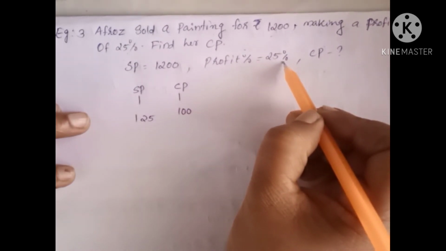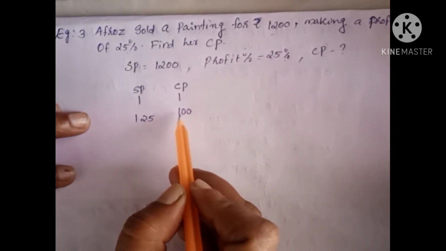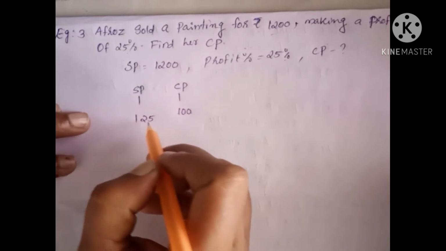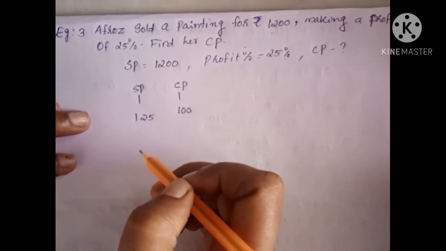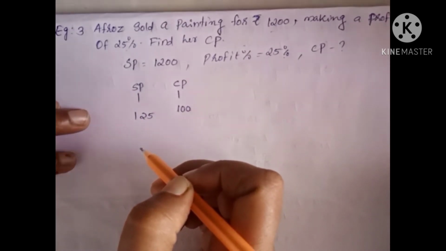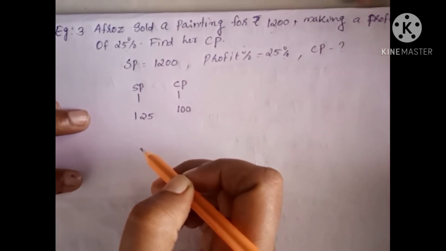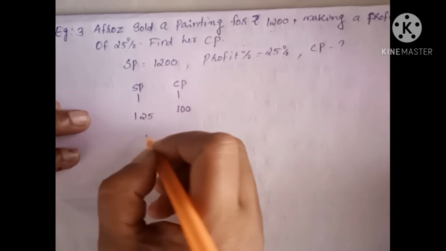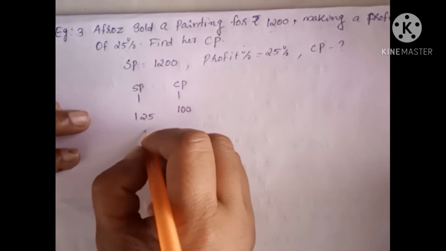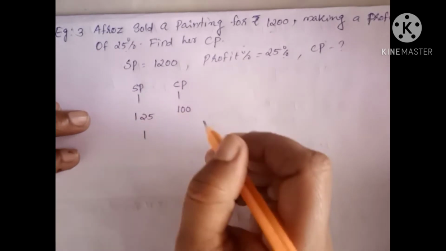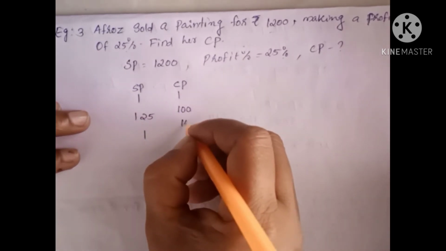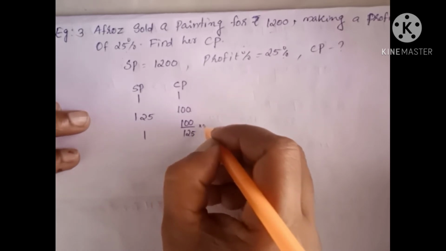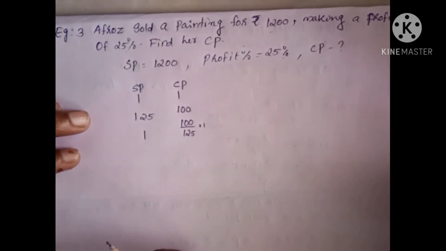So we can write if CP is 100, SP is 125. Clear? Then we can use the unitary method. If SP is rupees 1, what will be the CP? 100 by 125 into 1.